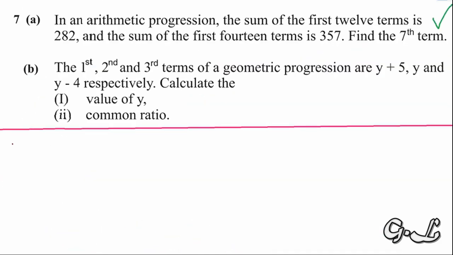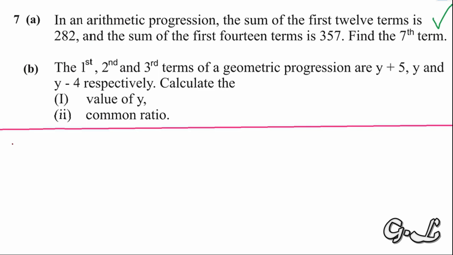So now let's go to the next part of this question, which is part B. Part B states that the first, second, and third terms of the geometric progression are y plus 5, y, and y minus 4 respectively. Calculate the value of y. So what are we going to do?